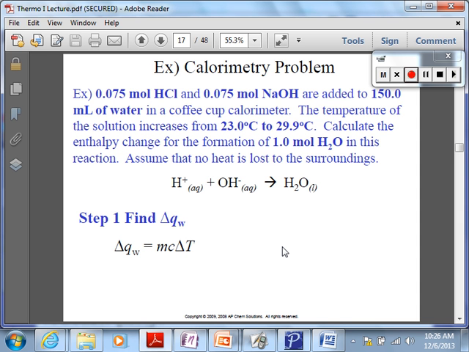Okay, so what I'm trying to show you is, yes, it's supposed to be in Kelvin, but when you subtract, you get the same answer. So it really doesn't matter as long as it's not in Fahrenheit. Okay, so Celsius or Kelvin, you still subtract, and we can call it Kelvin so our units can cancel. Okay, but when you subtract Celsius or Kelvin, you get the same answer. All right, so what cancels here?